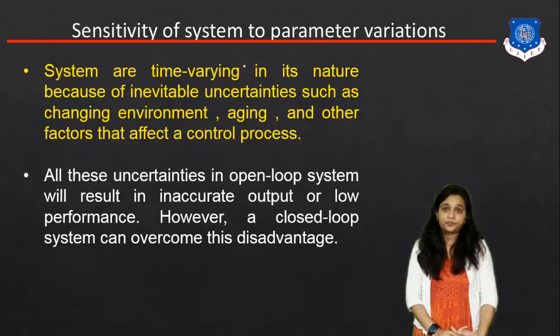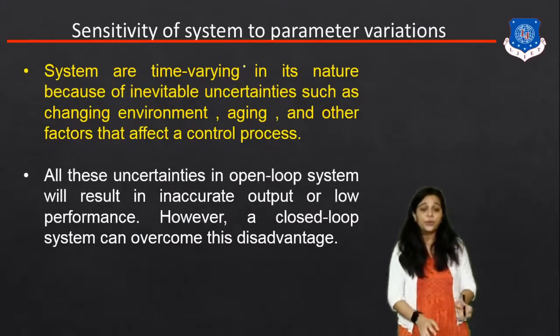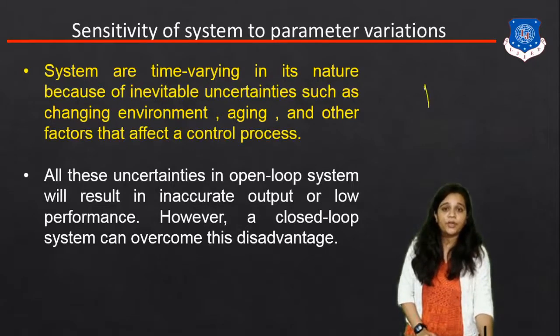So if we use the closed loop system instead of the open loop system, the disadvantages of the open loop system are overcome, because in the open loop system we only consider the input, the forward path element and the output terminal.